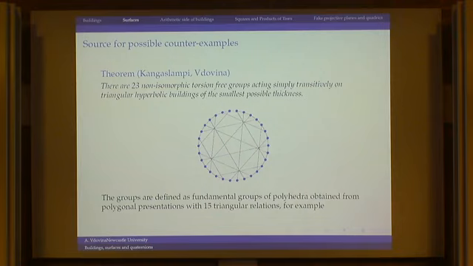And the links of our buildings are generalized quadrangles. You see this graph looks slightly similar to the Fano plane, but it's bigger. So there are 30 vertices and 45 edges.